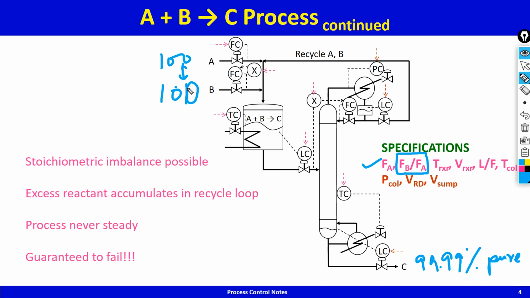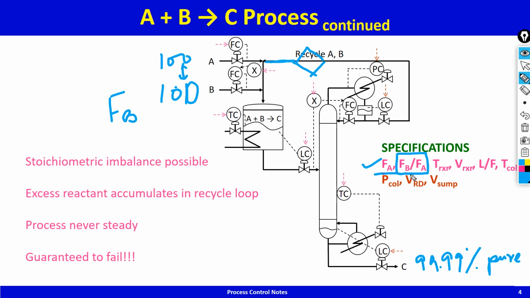What will happen? The simulation will converge, and there is a recycle tear here. Whatever is the recycle rate that you specify, say 500, the recycle tear will converge around that. If you specify the recycle tear at 1000, it will converge around that. The problem is, we are thinking that we are specifying FB, but actually we are specifying something that is dependent, and we are specifying in a manner that that dependence is satisfied. What is the dependence? That flow A should be equal to flow B. So we are specifying flow B is equal to flow A. There are 6 degrees of freedom.